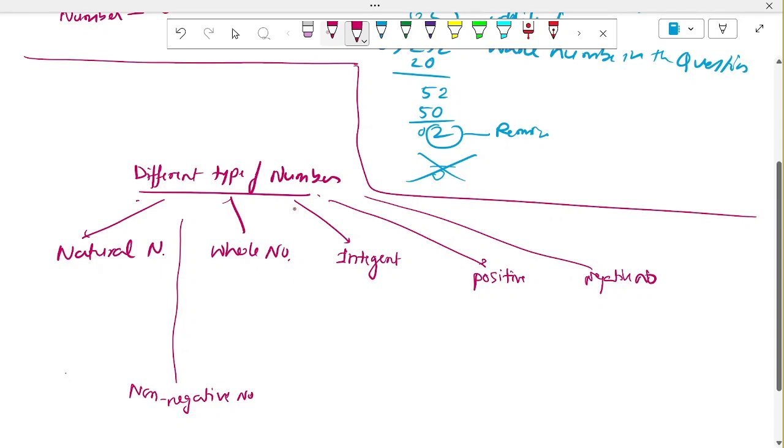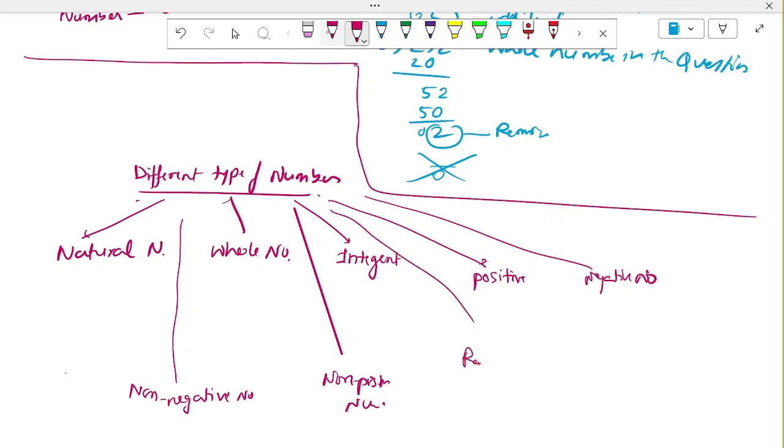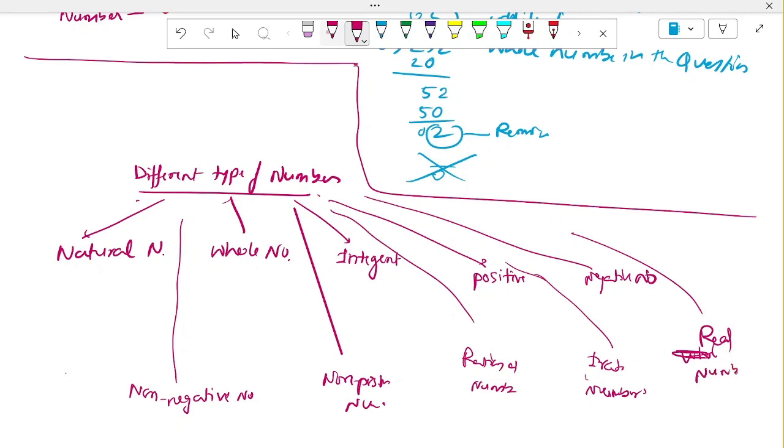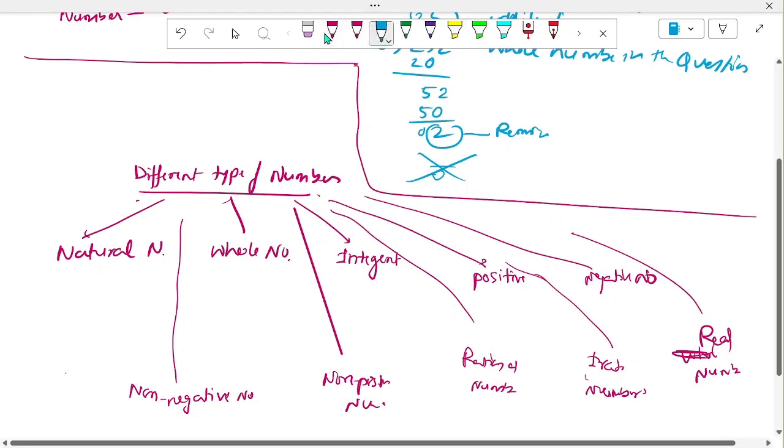Non-negative numbers, and then non-positive numbers, rational numbers, irrational numbers, whole numbers, and real numbers. So these are the different types of numbers. There are so many others, but just to know that at least these many kinds of numbers are there.